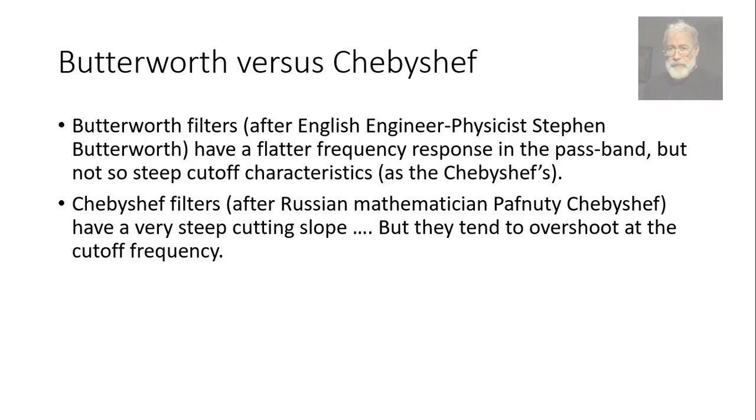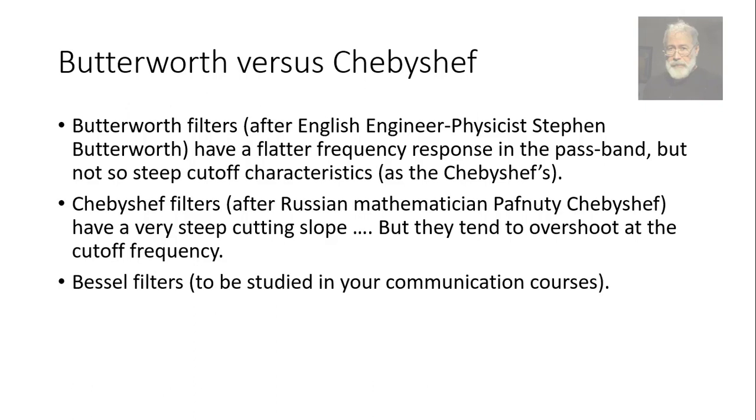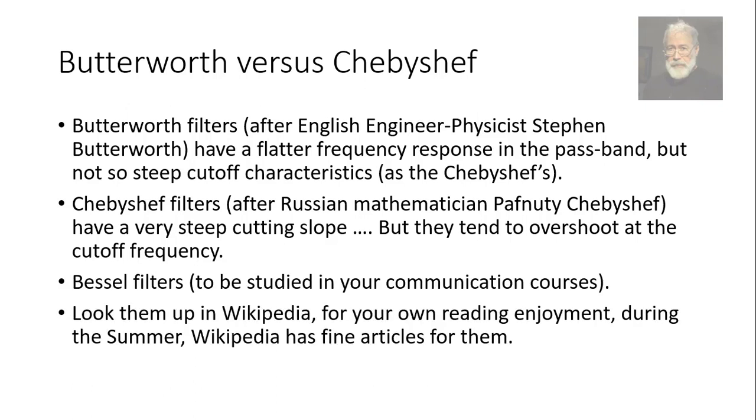Chebyshev filters, after the Russian mathematician Pafnuty Chebyshev, have a very steep cutting slope right after the edge of the passband, but they tend to overshoot near the cutoff frequency and they are wavy in the passband. Bessel filters, we will study them in third year.